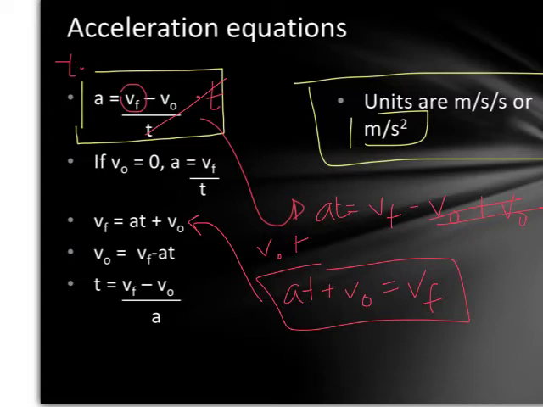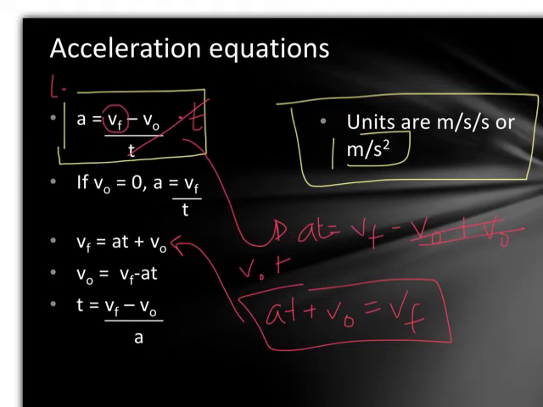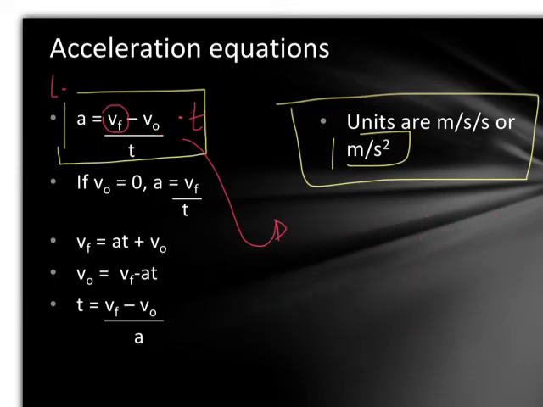Alright? Now, the trickier way to rearrange this one, or the harder version to rearrange, is probably actually rearranging for t. Just keep in mind, when you're looking at this equation, the a equals VF minus V naught over t, what t really is on this side, it's not t by itself, it's 1 over t.